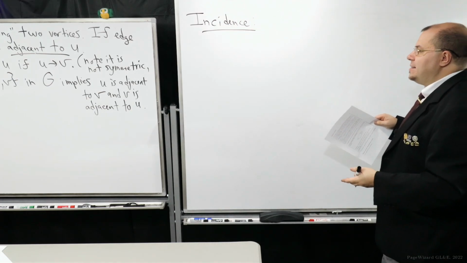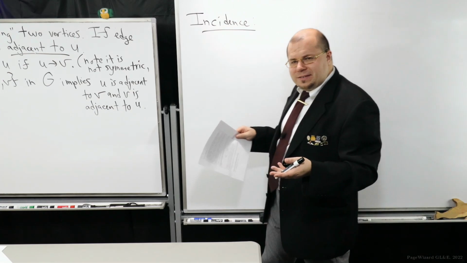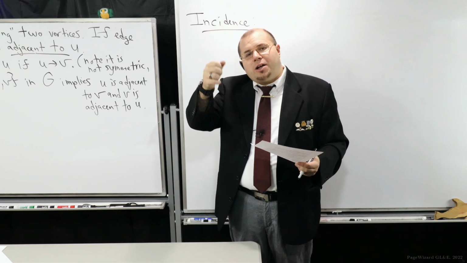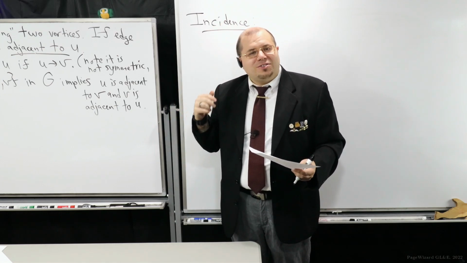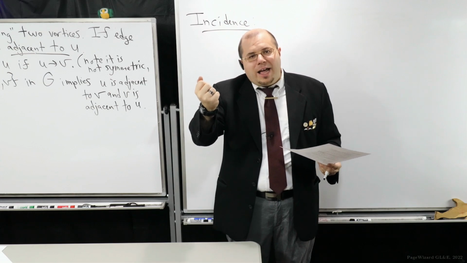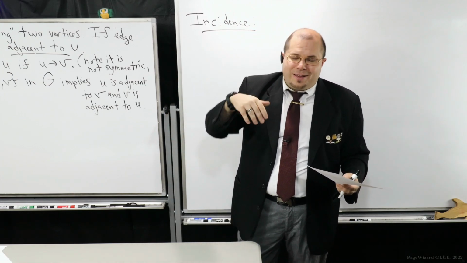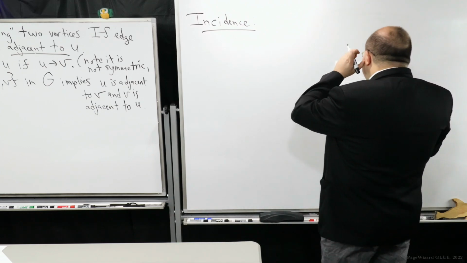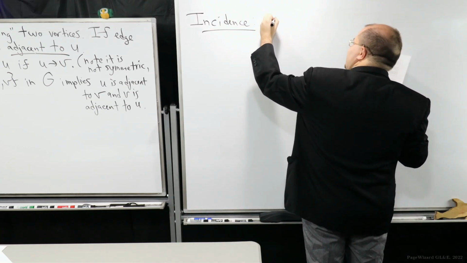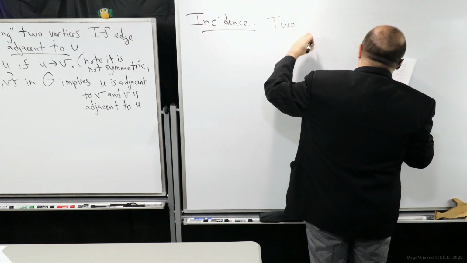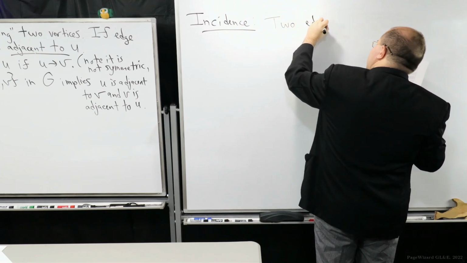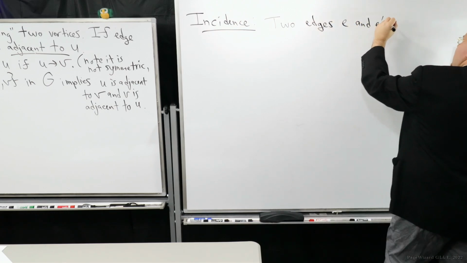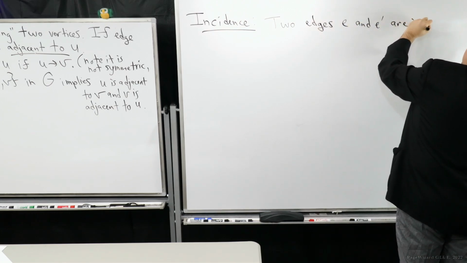Well, incidence has a dual purpose. The first one is that it allows me to talk about edges that are shared by a common endpoint, but also if I want to talk about a singular edge and I want to know what one of its endpoints is. So it kind of has two purposes like that. So you're going to see that carefully here. So two edges, E and E prime, are incident.